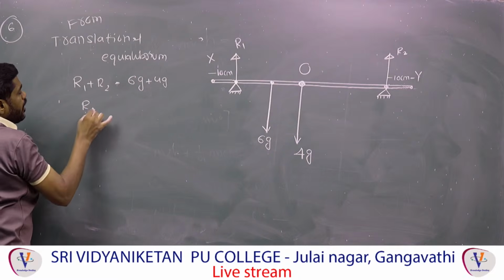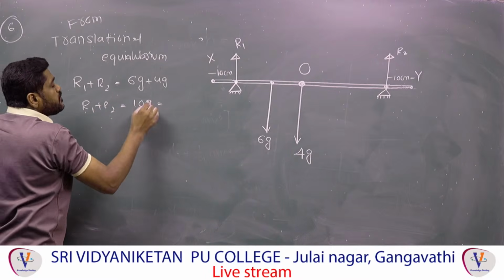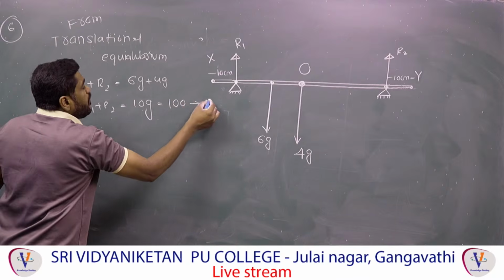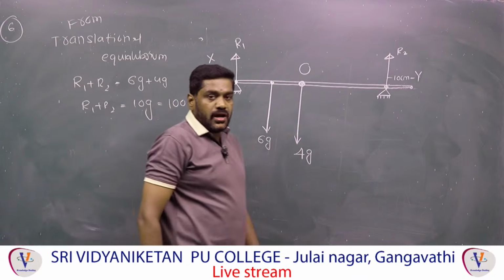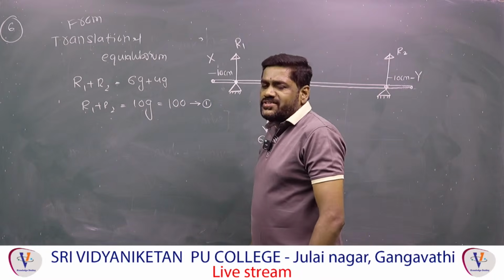So R1 plus R2 is equal to 10G, and if you substitute G equal to 10, you get 100. Equation number 1: R1 plus R2 is equal to 100. Or you can take 9.8 and get 98.